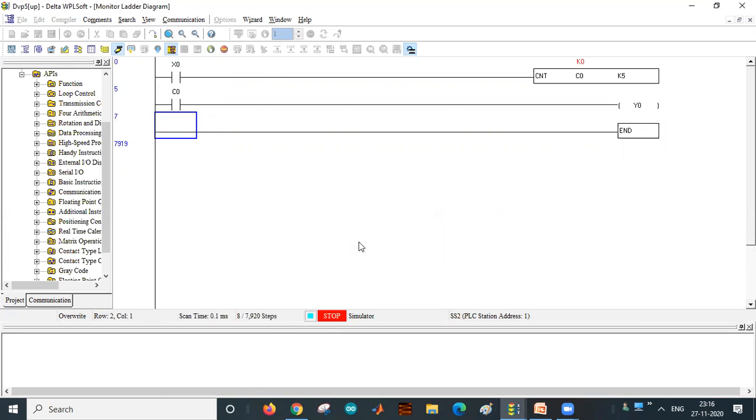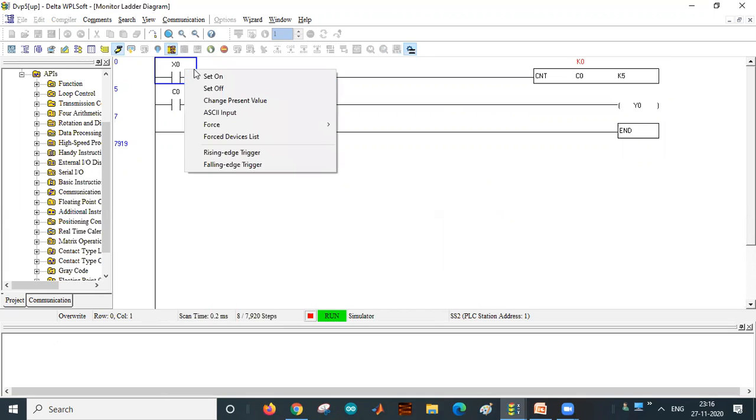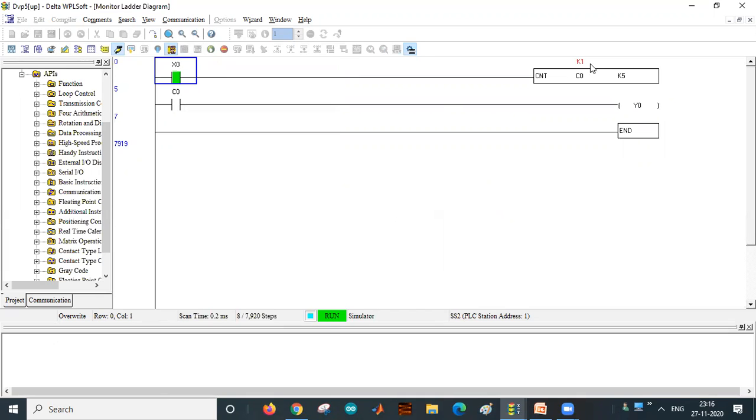Run it. See here, whenever the photosensor detects the product, X0 will turn on. Whenever it is on, the counter is incremented by 1.